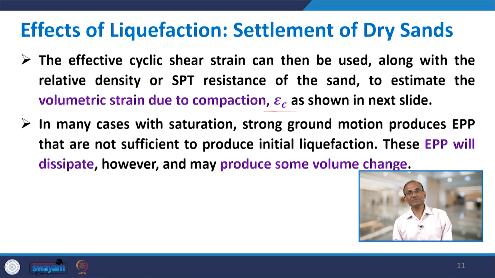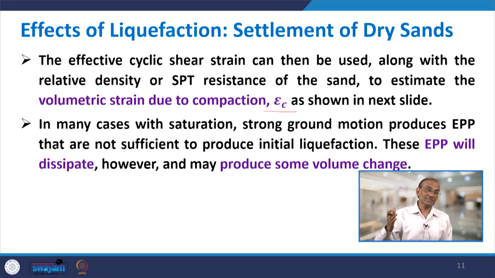In many cases with saturation, strong ground motion produces excess pore pressure that is not sufficient to produce initial liquefaction, and these excess pore pressures will dissipate. However, there could be a change in the volume. So, this is a caution here.